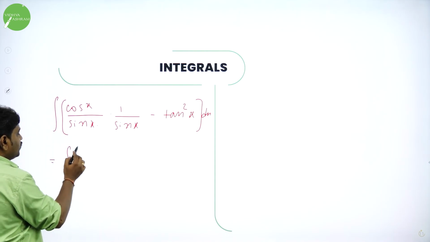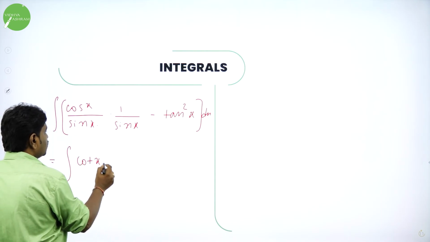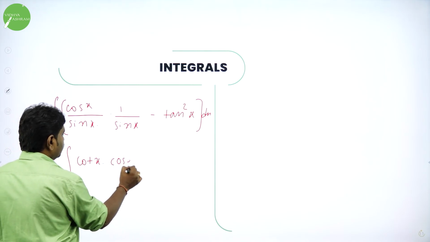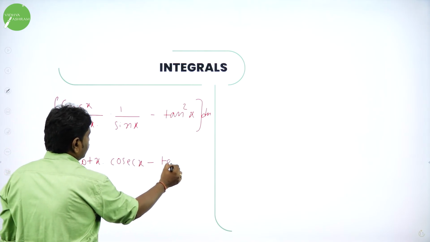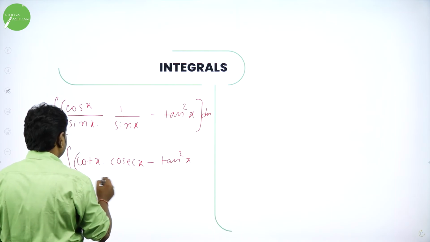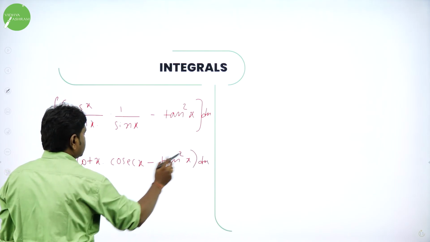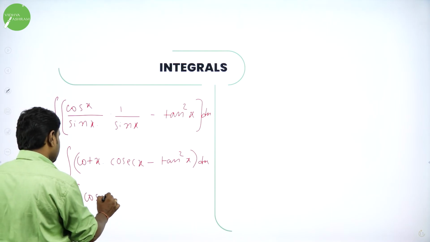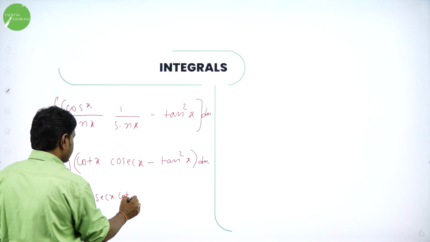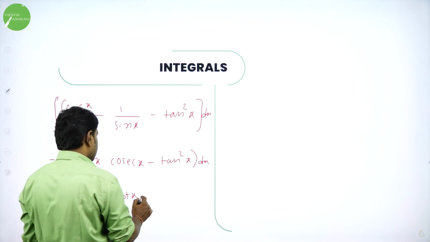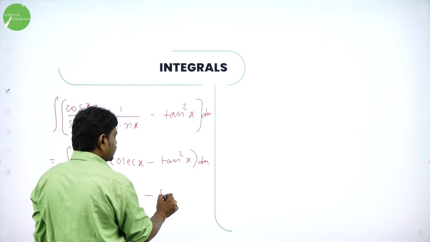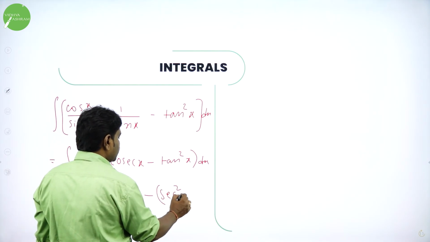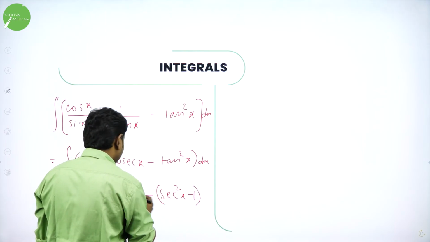Now simplify this. Integration of cos by sin is cot x, 1 by sin is cosecant x, minus tan square x. Now I can write integration of cosecant x into cot x dx. Cot x minus tan square x: tan square x can be written as secant square x minus 1, but outside we have a minus, so use brackets.